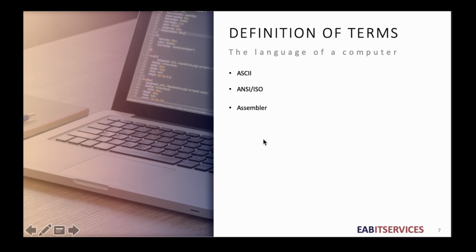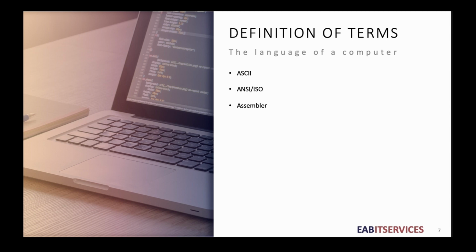Next I'd like to talk about the assembler. An assembler is a program that translates a program written in assembly language into an equivalent program in machine language. Remember, we said that the computer uses digital signals to process information. These zeros and ones that represent information are what we refer to as machine language.